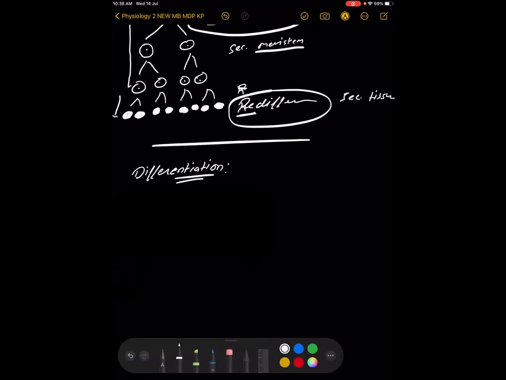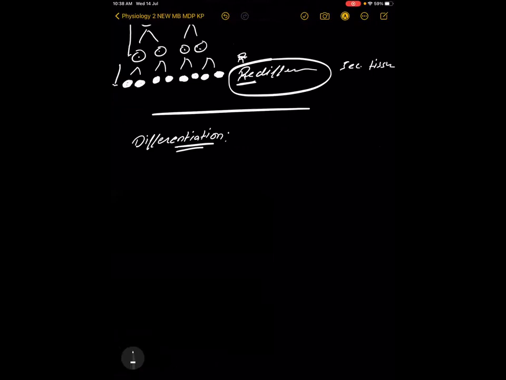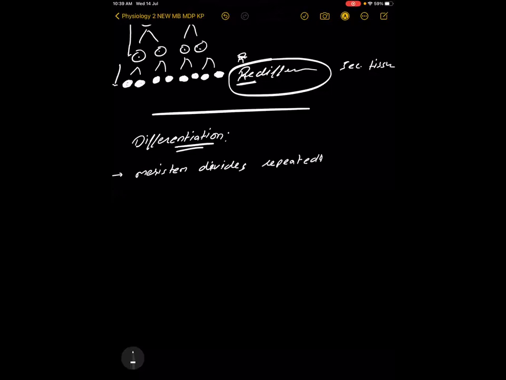Differentiation. Definition. Meristem divides repeatedly to form new cells.